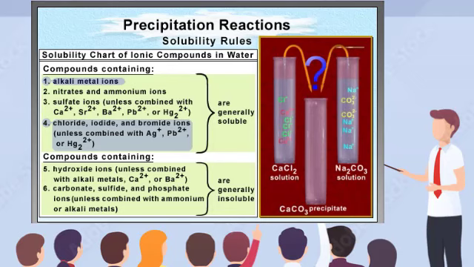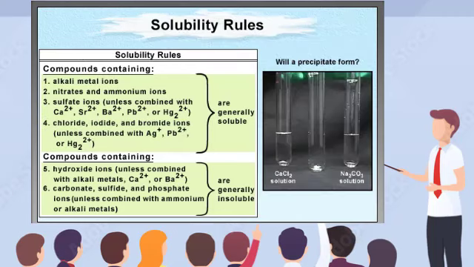Now you need to determine if calcium carbonate forms a precipitate when these solutions are mixed. Mixing the sodium carbonate solution with the calcium chloride solution yields a solution containing all 4 ions: calcium, chloride, sodium, and carbonate.